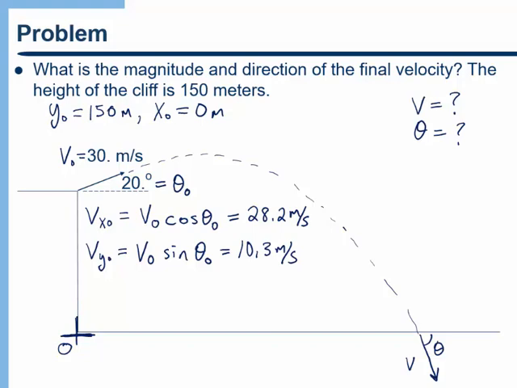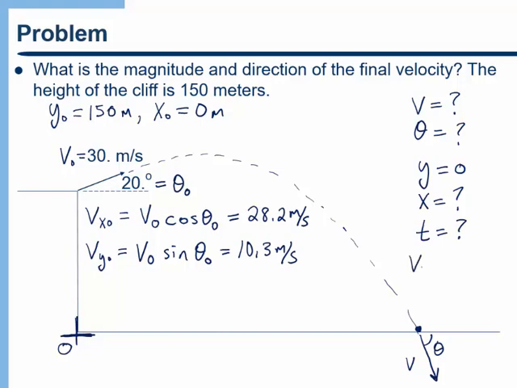Okay, so we've identified everything we know at the beginning of the problem. Let's finish identifying what we know about the object the instant before it hits the ground right here. Well, we definitely know the final height is 0. Notice that we don't know how far it went in the x direction. We also don't know how much time it took to get there.